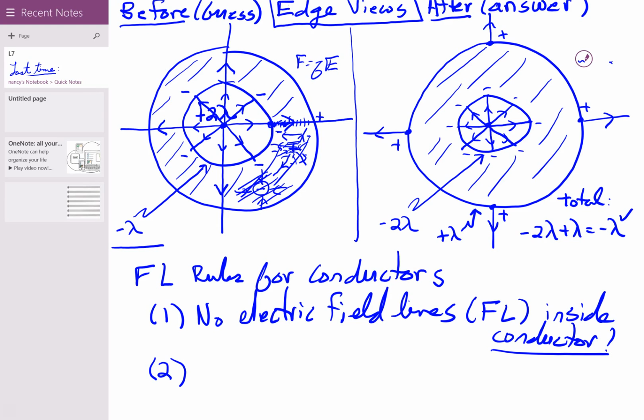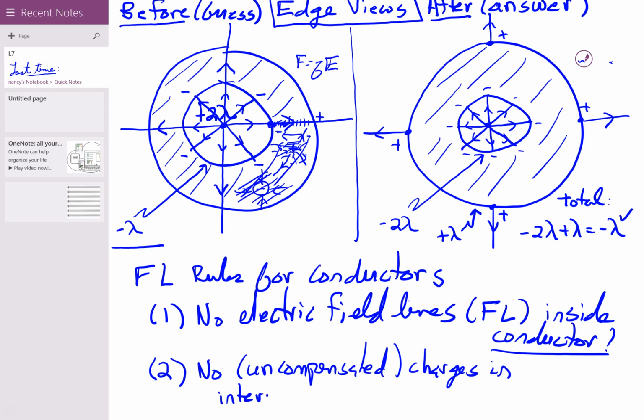So our second lesson from this is that there can be no, and I put the proviso, uncompensated charges in, and this next part is key, the interior of a conductor.